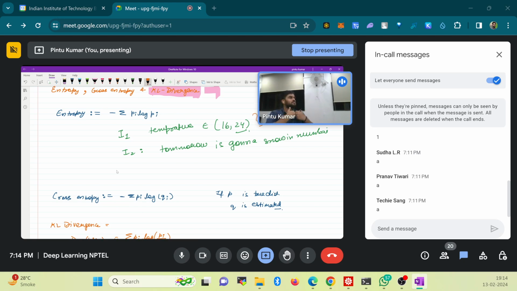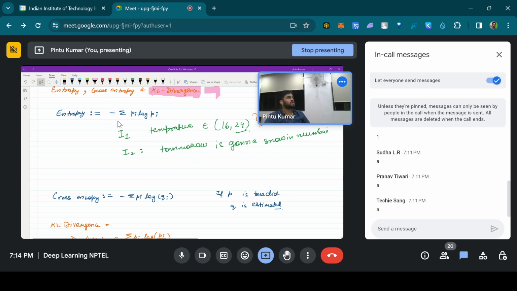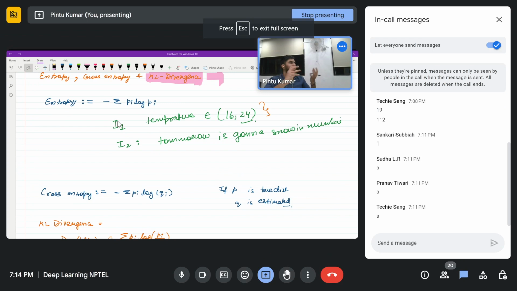So if somebody gives me this information, this doesn't carry much value for me because whatever he's saying, I sort of already know. Why do I already know? Because this is a high probability event. This is like usual whatever happens. So high probability event means usually what would happen. So if somebody gives me this information, this is not of much use to me.